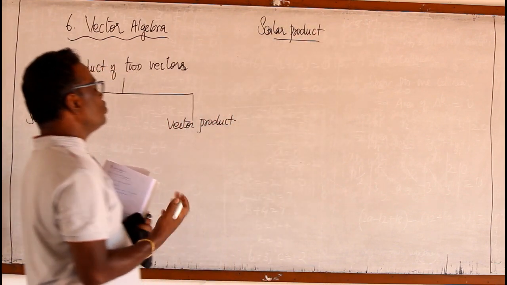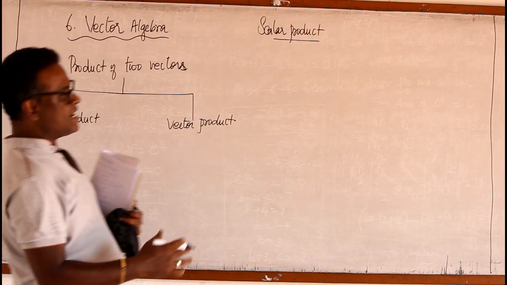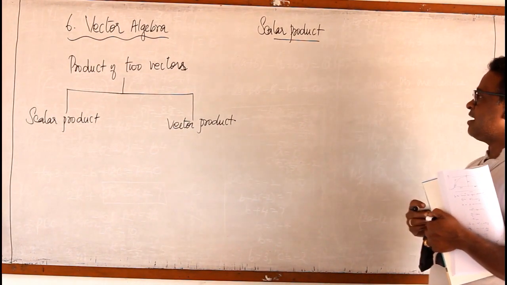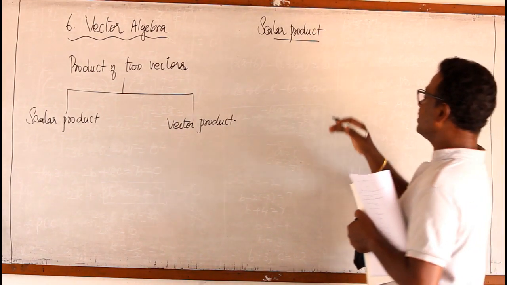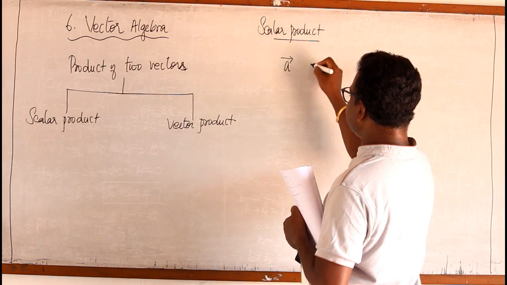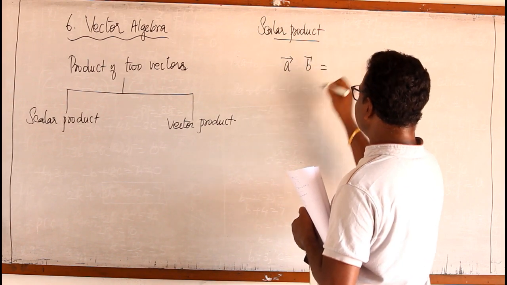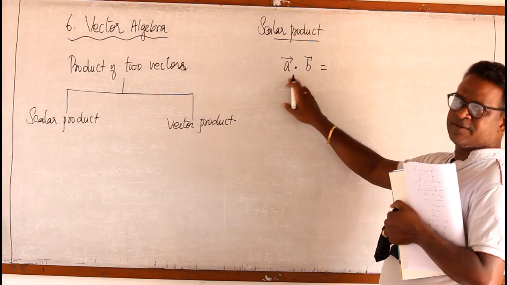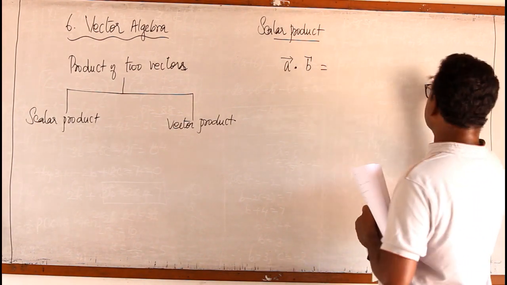When I multiply two vectors and I get a scalar as the answer, then we say that one is a scalar multiplication or scalar product. For example, suppose I take two vectors A and B and find the dot product between these two. Dot product means scalar product.